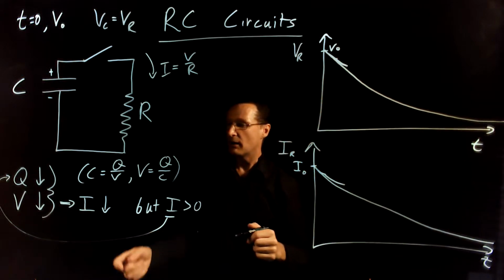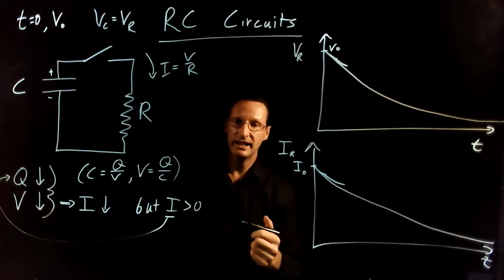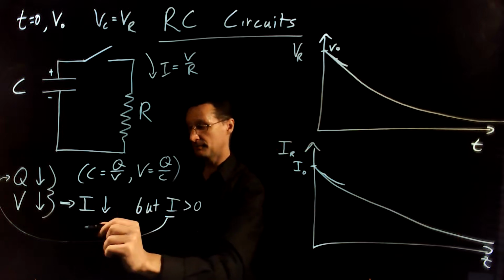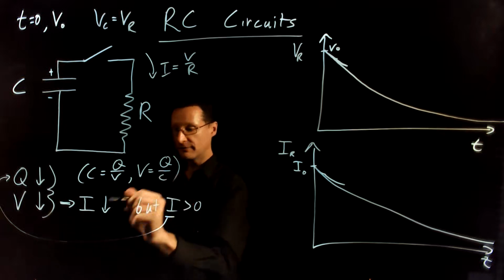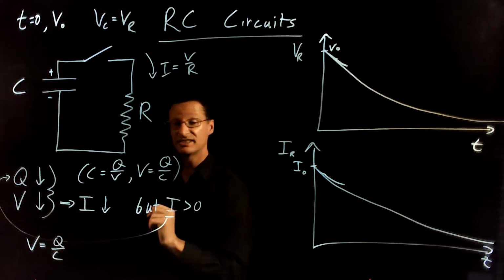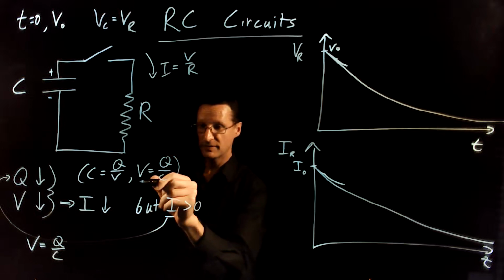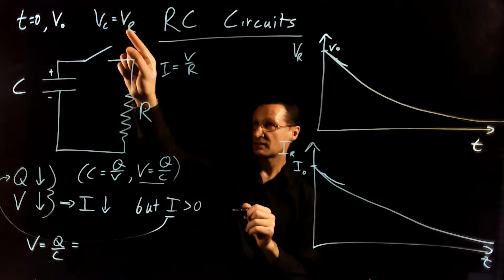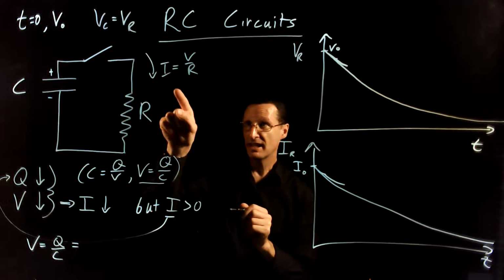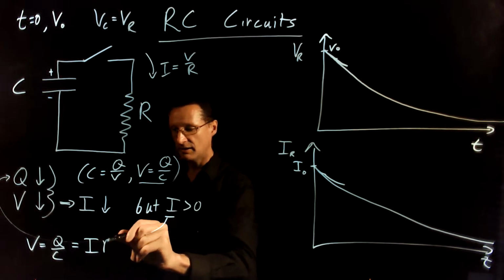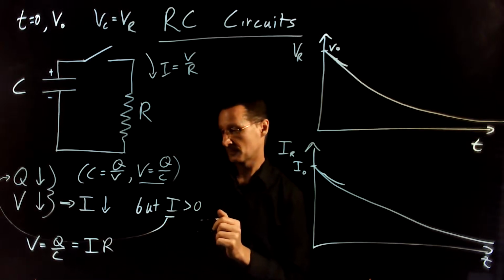Okay? Now, how do I know it's an exponential decay curve and not something else? Well, if I look at the connection here, I know that V is equal to Q over C, right? From this expression here. But I also know that the voltage across the capacitor and the resistor are the same. And so I can use this. This is IR, Ohm's law, for the resistor.